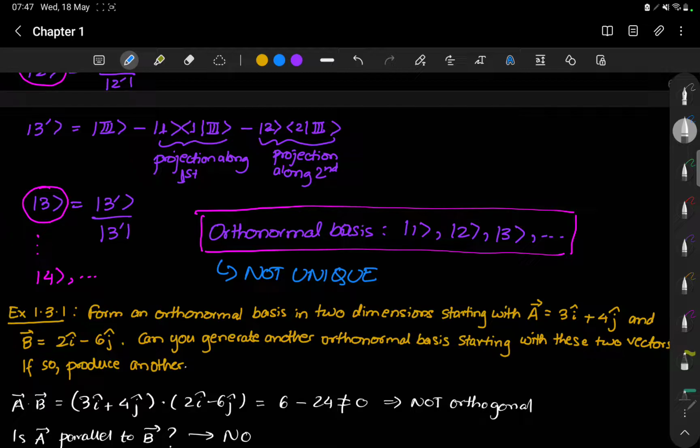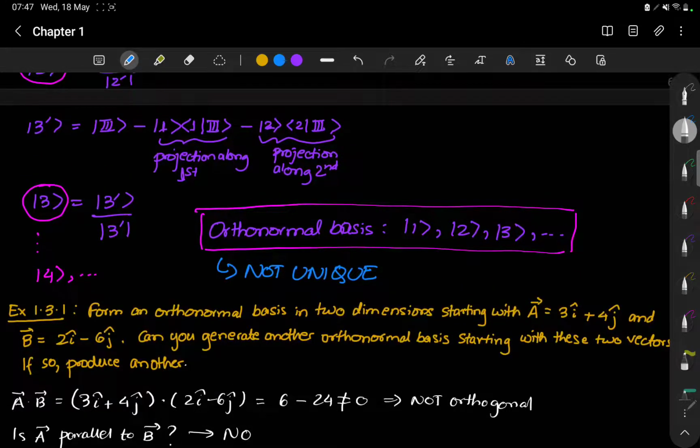So in this question we had two vectors A and B. When we took A as the choice of our first vector, and normalized it, we got one set of vectors. When we took B as the choice of our first vector and normalized it, we got another set of basis vectors which were orthonormal. So we get different sets of orthonormal basis vectors depending on what is our choice of the first vector.